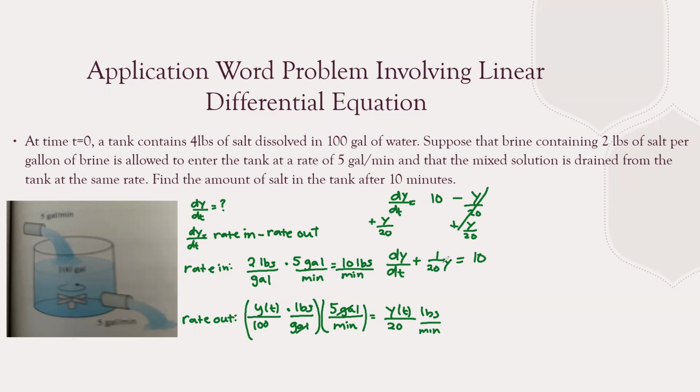When solving a linear differential equation, you have to figure out your p(x) and your q(x), or in our case, our p(t) and our q(t). So our p(t) is 1 over 20, and my q(t) is 10.